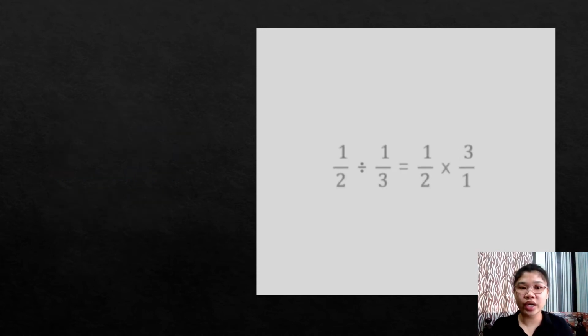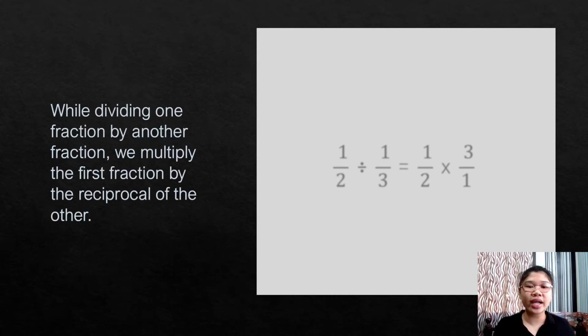This is our last statement for division. While dividing one fraction by another fraction, we multiply the first fraction by the reciprocal of the other. As an example, 1/2 divided by 1/3.